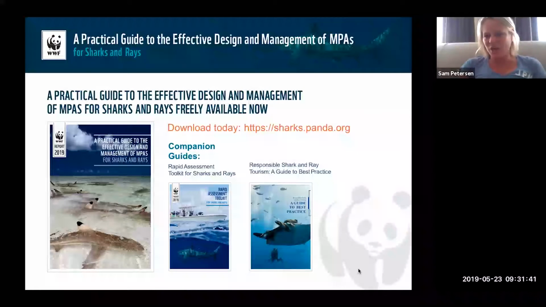The other thing I wanted to share with you is that South Africa also has a marine protected area focused on ragged-tooth sharks at a place called Aliwal Shoal. And so that might be another one if you're looking for examples of marine protected areas successfully protecting breeding aggregations, because that's been really successful.